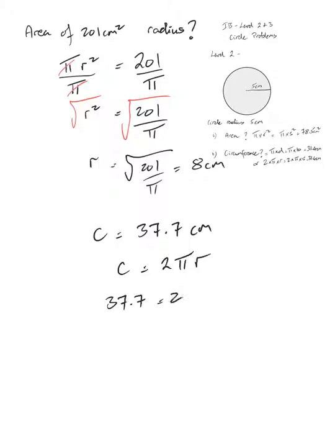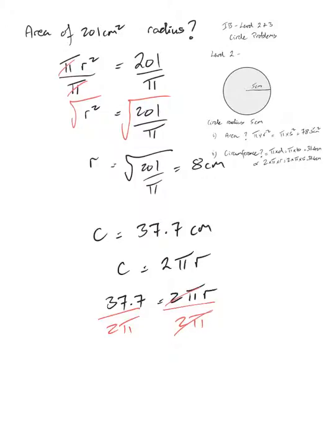equals 2 pi r. And hopefully, given what we did in the previous question with the area, you'll have spotted fairly swiftly that all we have to do in order to get the radius on its own is divide both sides by 2 pi, where again that allows me, this time on the right, to cancel out my 2 pi's.